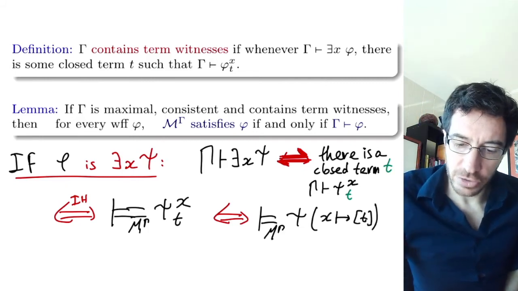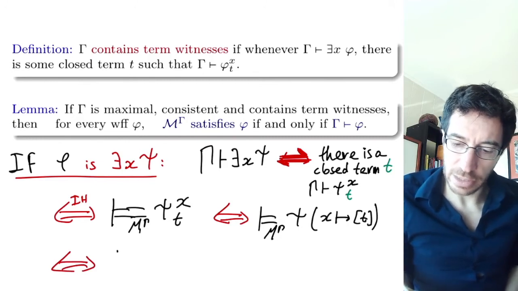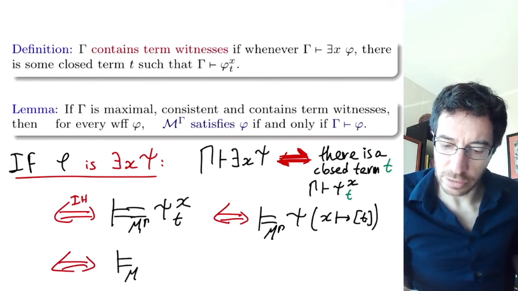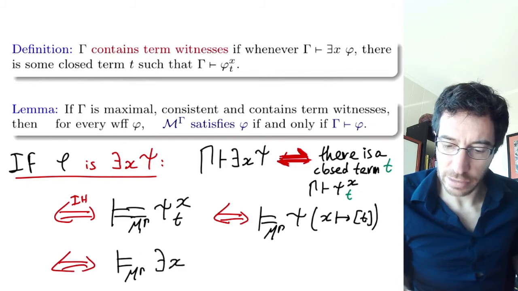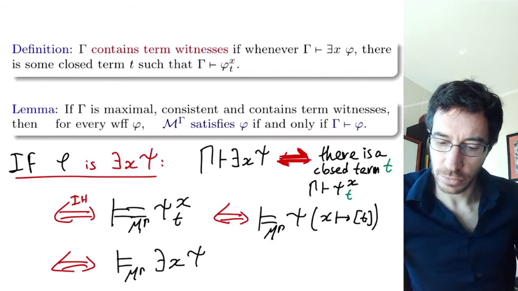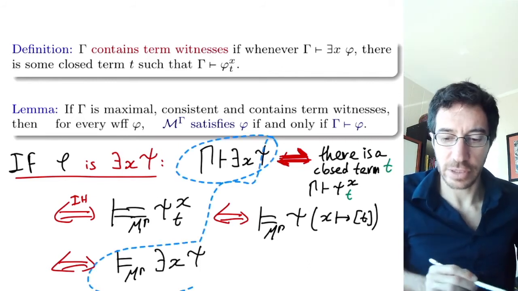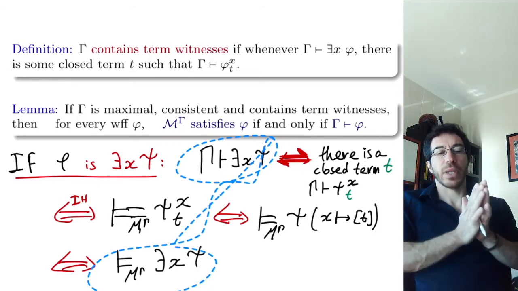And then by definition of what it means to satisfy an existential, that's the same thing as saying that the term model satisfies there exists an x psi. Right? So we get exactly what we want. You satisfy this if and only if you satisfy that. This is true in M.